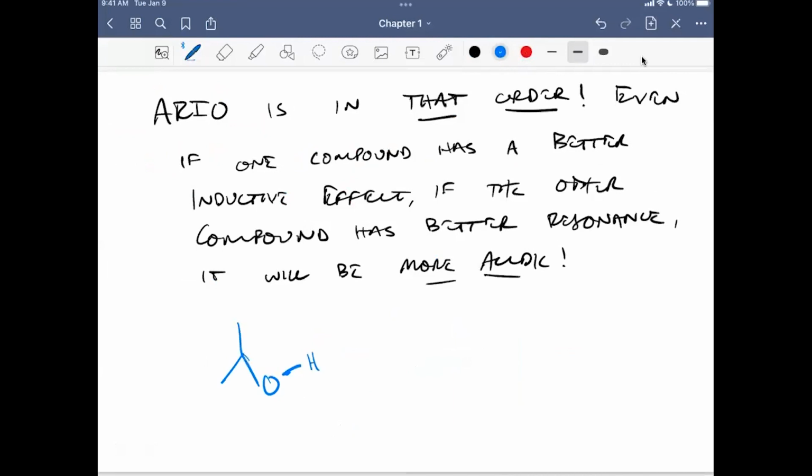Let's say we have a hydrogen, and then we have another one with nitrogen. I came up with this on the fly, but let's say we take away both these hydrogens.